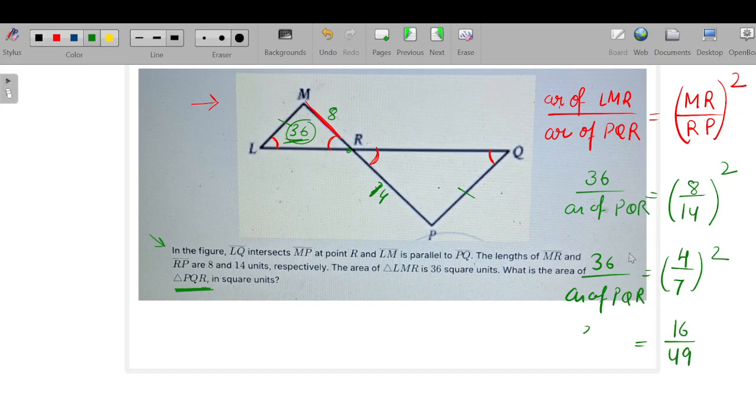I can do that butterfly method or cross multiplication and find my answer. So when you find your answer, it is going to be 49 times 36 divided by 16. Simplify it, you will get your answer in the form of a fraction, which is 441 divided by 4.